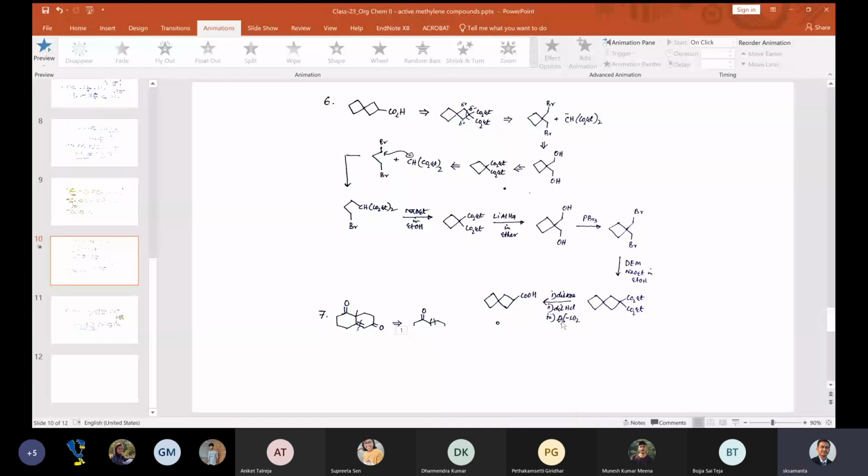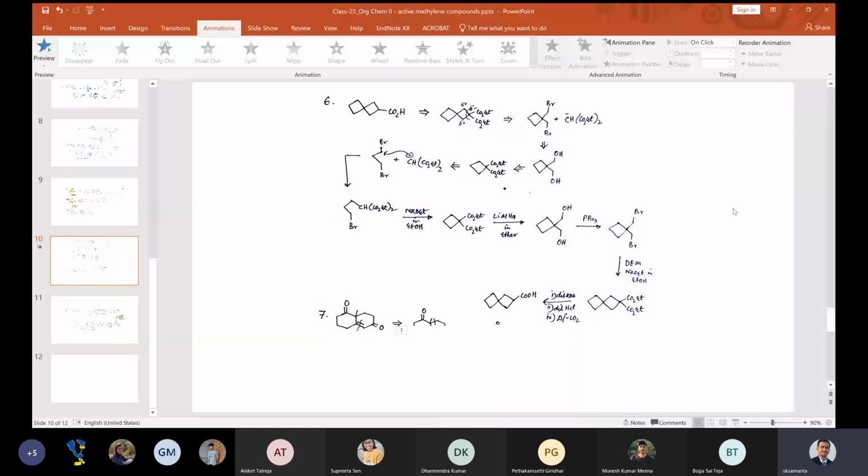One of these carboxylic acids will be lost, so that you get this compound. Okay. So even though it looks very complicated, the synthesis is a bit lengthy but not very difficult, because it's basically repetition of the same step two times.